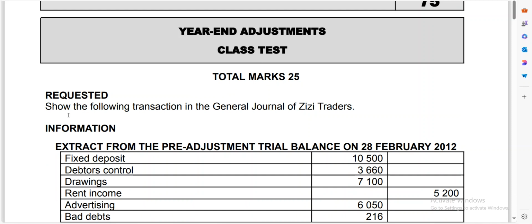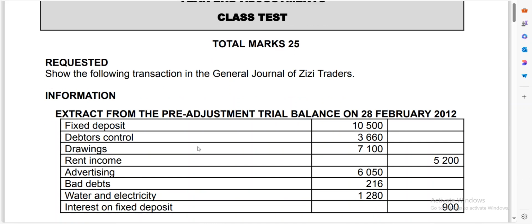Now here they're saying that we are requested to show the following transactions in the general journal of ZZ Traders. Remember that a general journal is a book where we record transactions that do not have elsewhere to be recorded, and we are also correcting some errors and omissions. So here, guys, we'll be correcting some of the things that have been over recorded, and also some that have been under recorded.